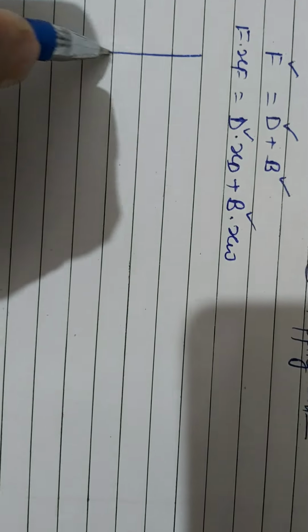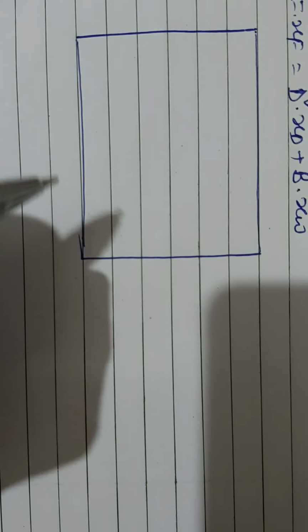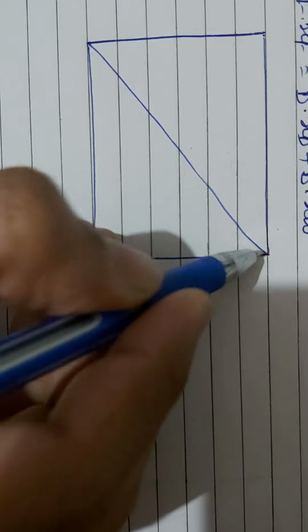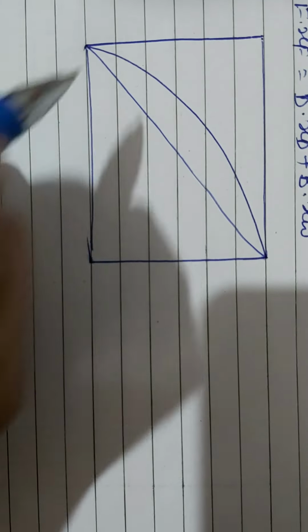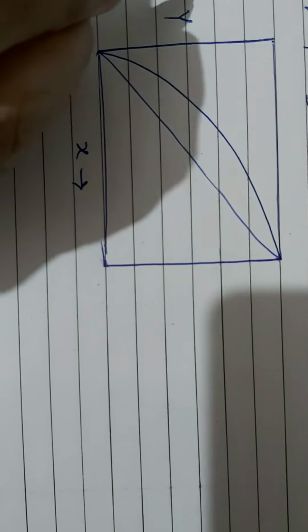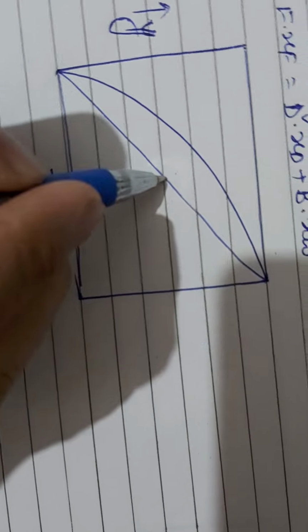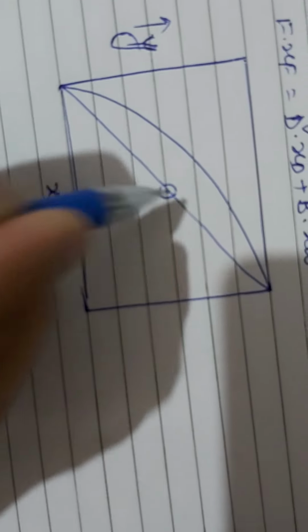So just a revision of how you do the McCabe-Thiele method. First you have an XY plot. This is X, the liquid composition, mole fraction. This is Y, mole fraction. You first look at the feed point and the feed slope.